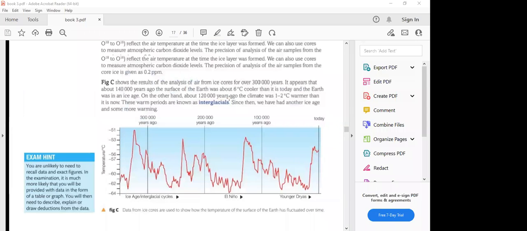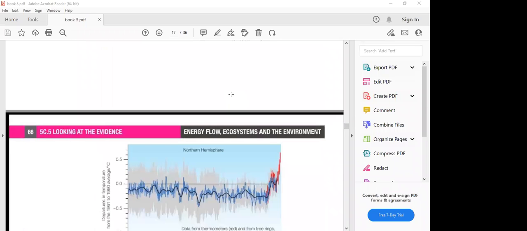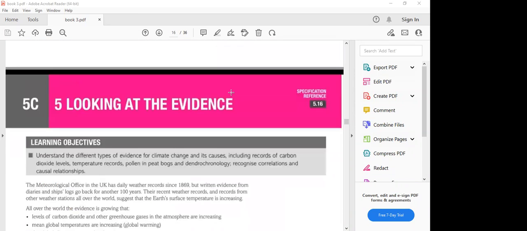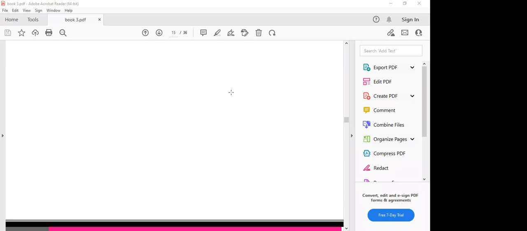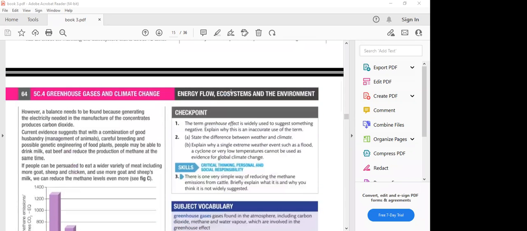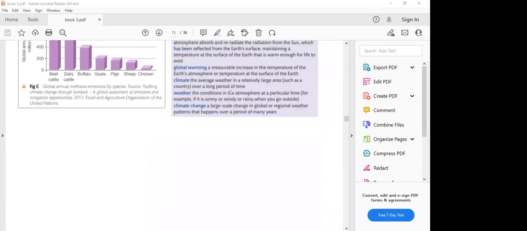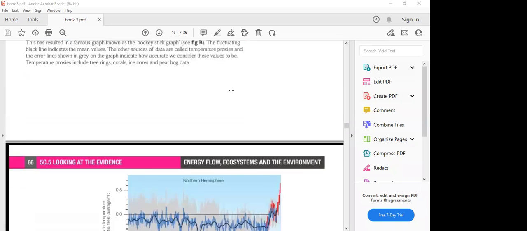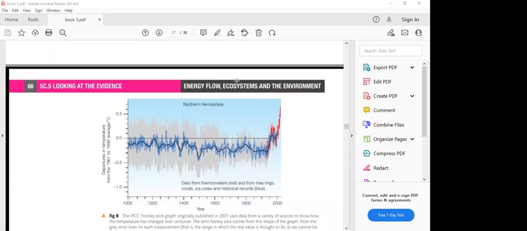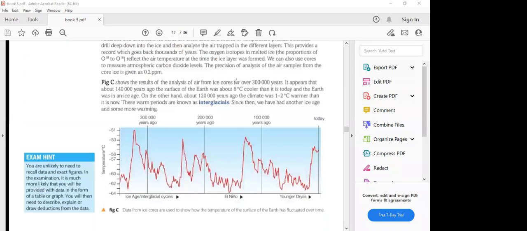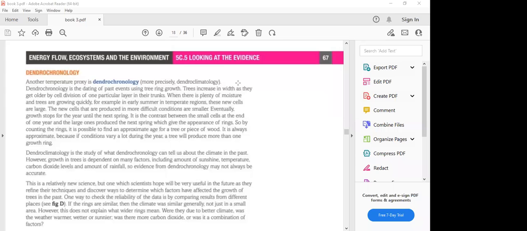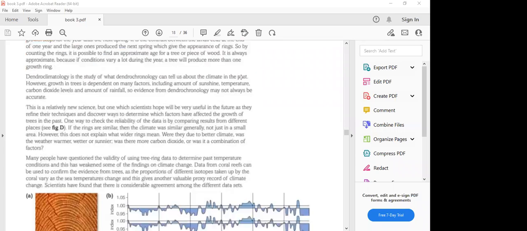So why are we using these techniques? What is the reason behind using them? Why are we doing radiocarbon dating, dendrochronology, dendroclimatology, and using peat bog? To find out the age. Right, to get the age.